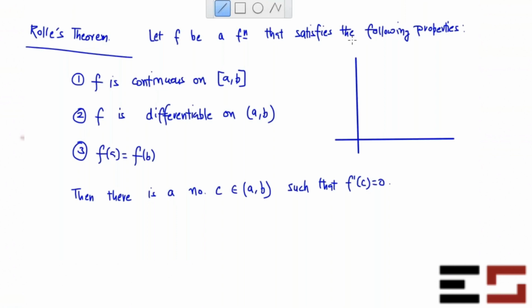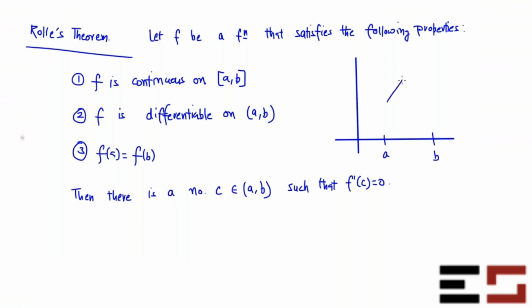So what are the conditions of Rolle's theorem? Well, the function should be continuous on this interval. So when I draw the graph, I do not have to lift my pen. The other thing is that f is differentiable on (a, b).